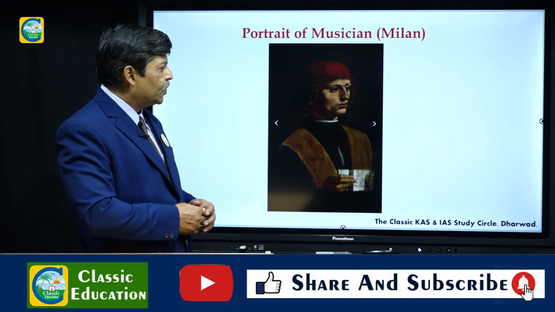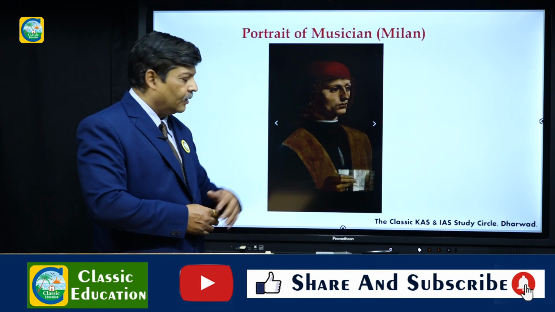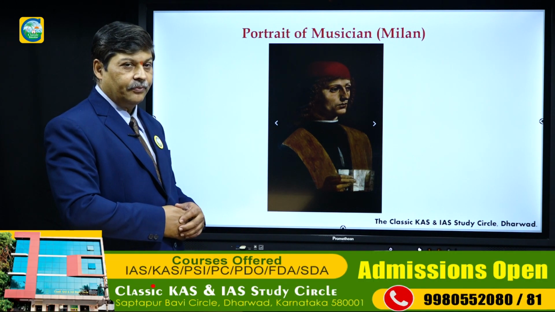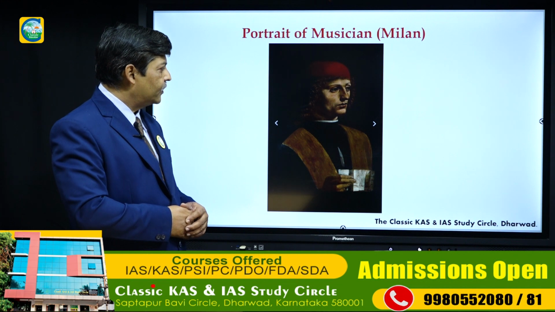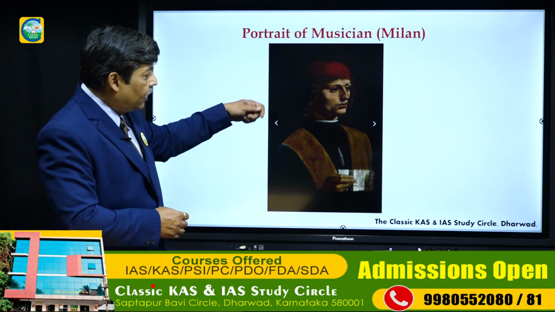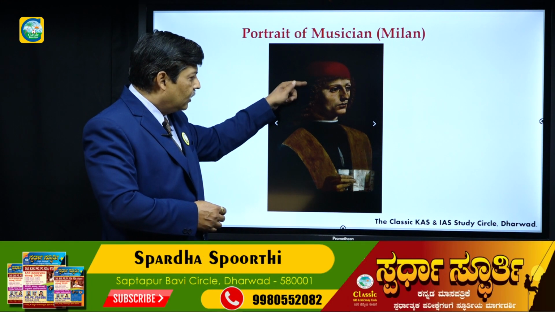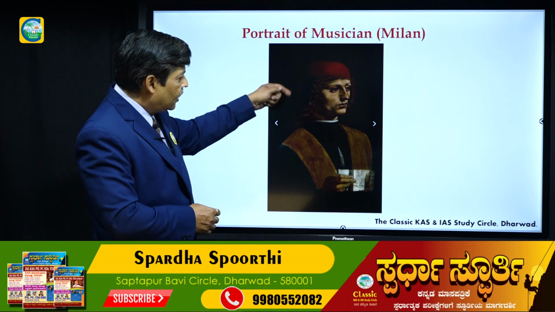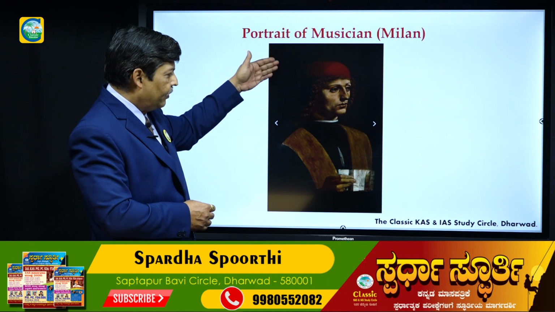Portrait of a Musician, which is in Milan, Italy. This is a portrait of a musician painted by Leonardo da Vinci. You can see the beautifully painted hair. You can see the curly hair, and he is wearing a cap.